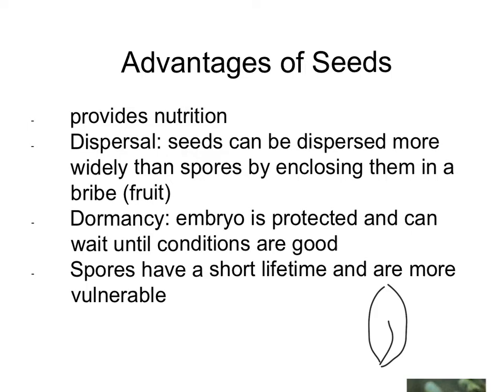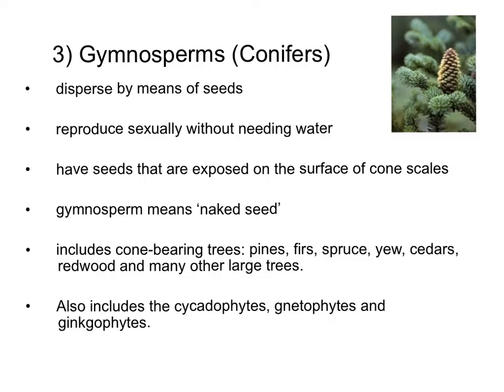In addition to that, seeds can be dispersed more widely than spores, whether it's through the wind, water, or carried away by animals. Now, when we are talking about vascular plants with seeds, there are two types. The first is our gymnosperms, and I wouldn't be surprised if that was a familiar term to you, because one of the most recognizable gymnosperms are conifers.